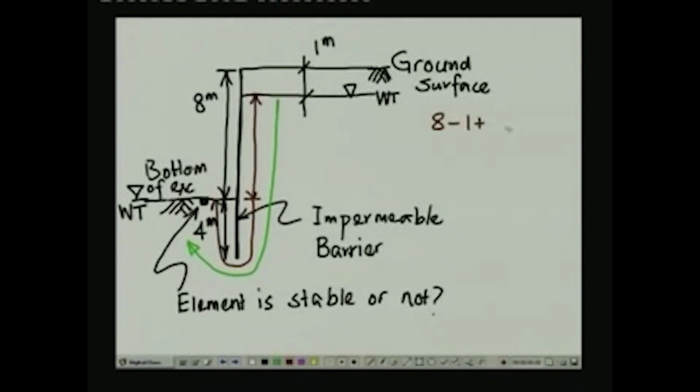So we are going to have another additional length of 2 times 4, that is the length of the flow path, and the head loss that is going to take place because of this flow is going to be 8 meter minus 1 meter. So head loss is going to be that, and this is the length of flow path. This one here is the flow path.